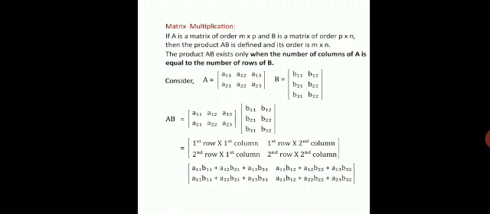Similarly, the second row with the first column becomes A21 into B11 plus A22 into B21 plus A23 into B31. It is your third element, second row with first column. Similarly, the second row with the second column becomes A21 into B12, A22 into B22 plus A23 into B32. You practice by writing it 2-3 times.